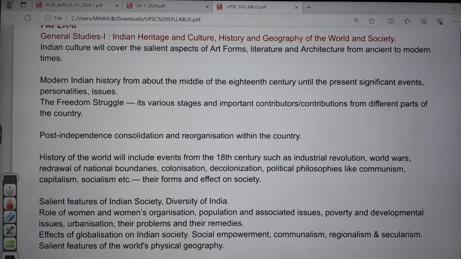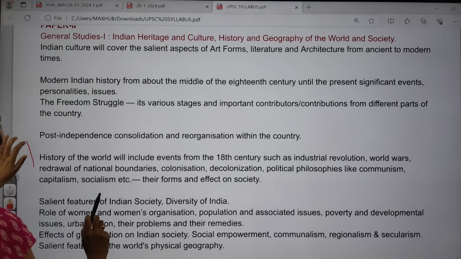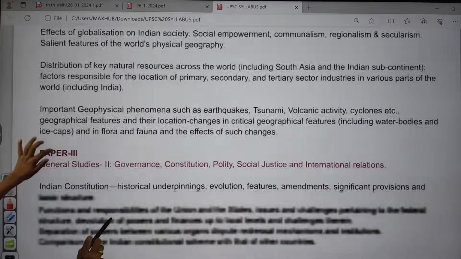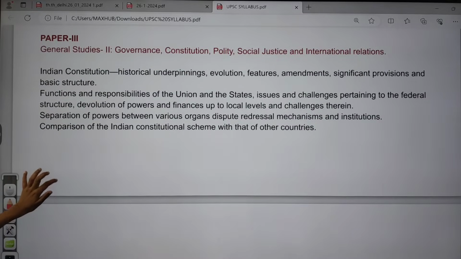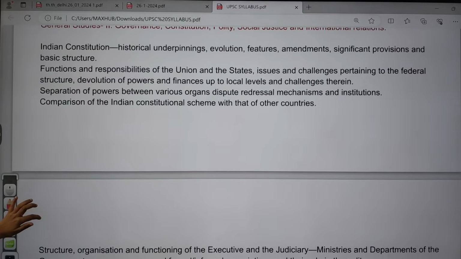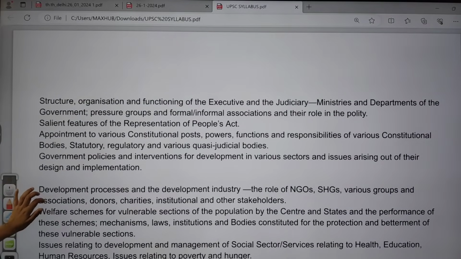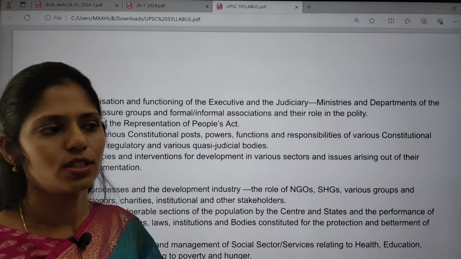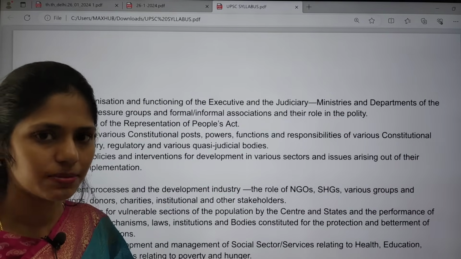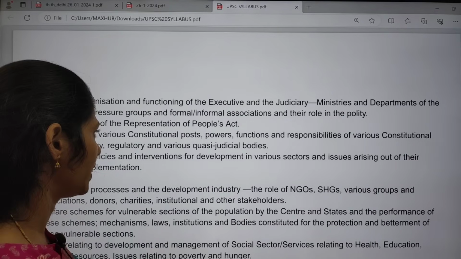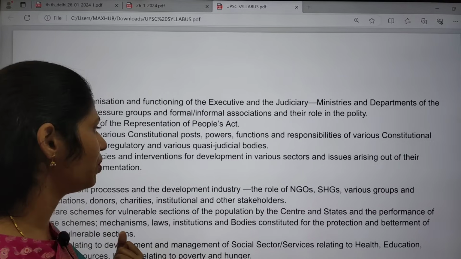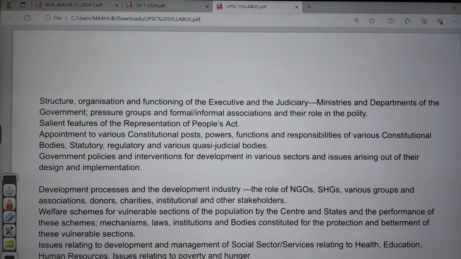In polity we have the topic of elections, so from that point of view delimitation is very important. And if you are talking about census, this 2021 census has been delayed because of the COVID-19 pandemic, so we can connect this topic there.